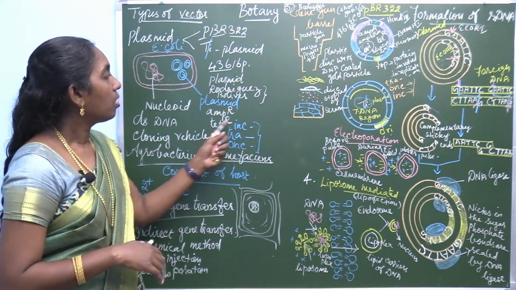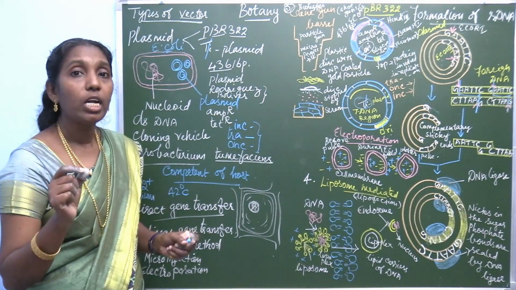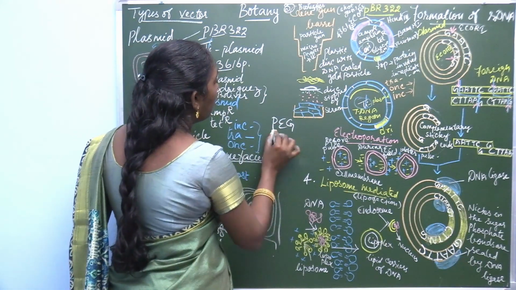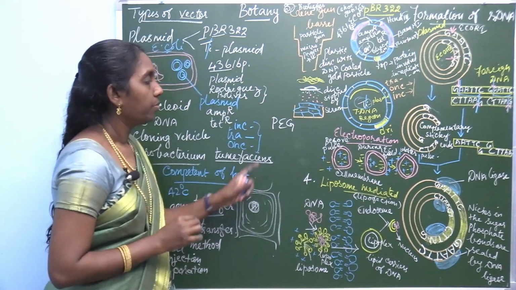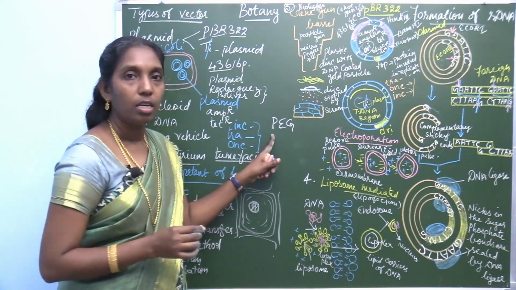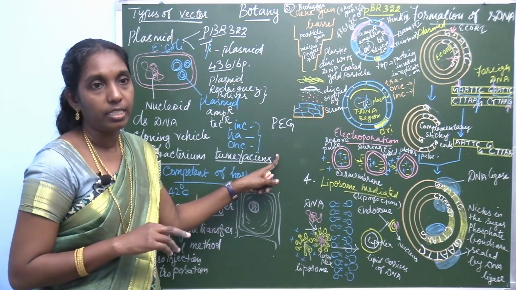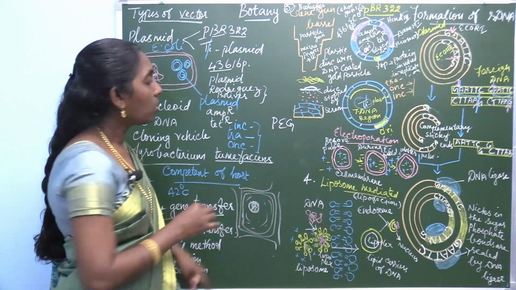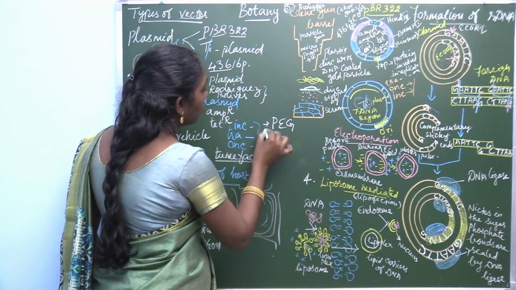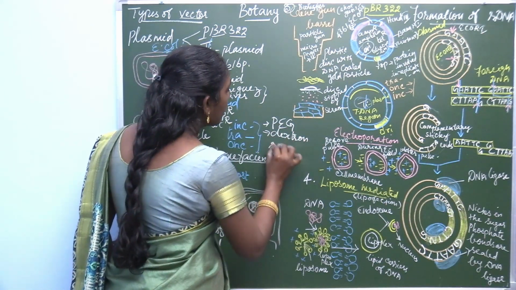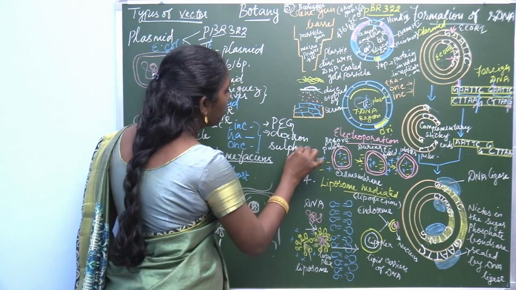In this chemical method, either we can use polyethylene glycol, PEG, or dextran sulfate.